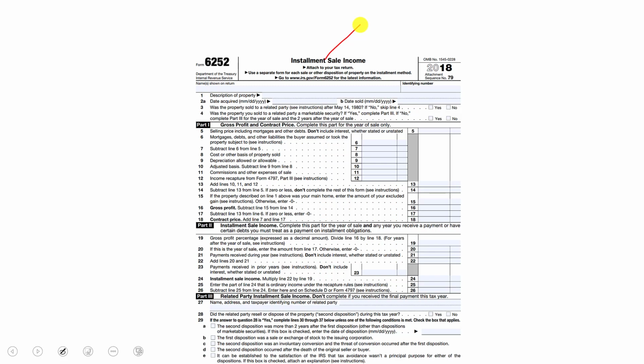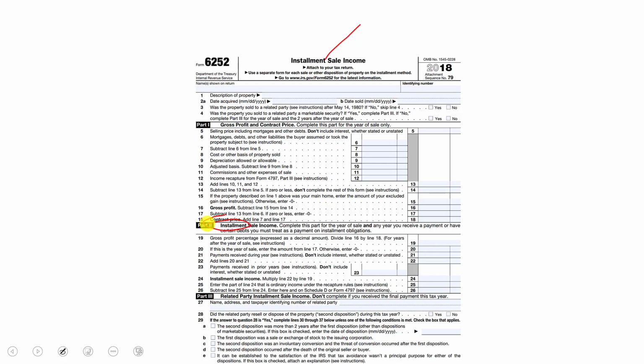If you collect 10% of the money, really they call it contract price, during the year, that means you report 10% of the profit that year. It kind of makes sense because now you have so much cash to pay off your taxes. If you don't receive any cash, you don't have any money to pay off your taxes on that gain, right?